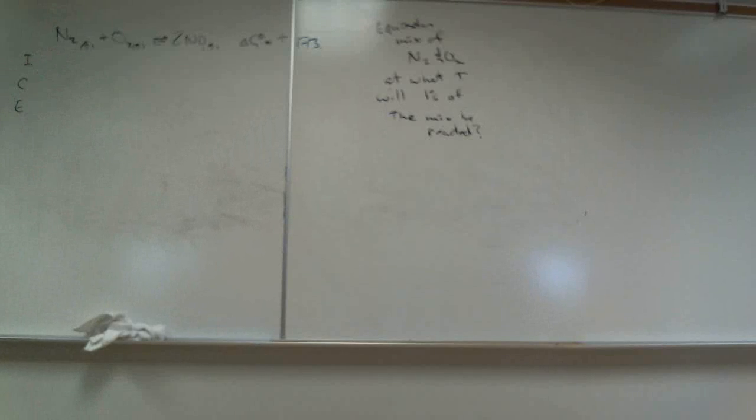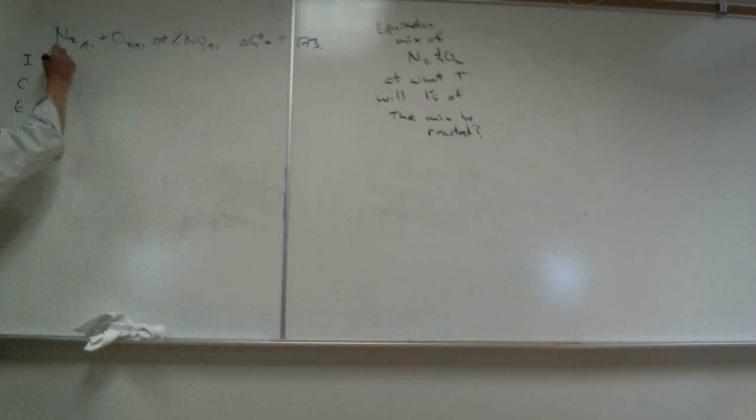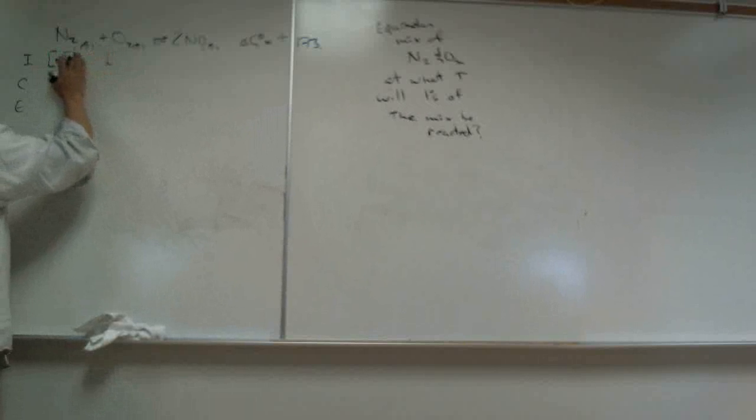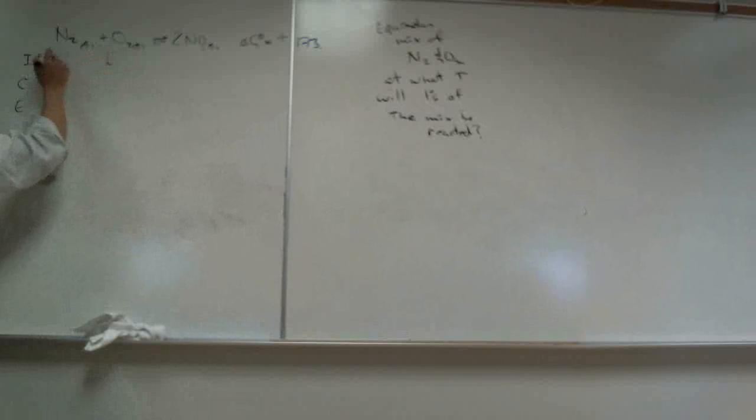Do they give it to us? They don't. And so we have two choices here. Choice one, we just pick a pressure. Since they didn't give it to us, we could say N2 is at 1 bar, O2 is at 1 bar since it's equimolar. Or if you don't like doing that, you could just say N2 is going to have some initial pressure.